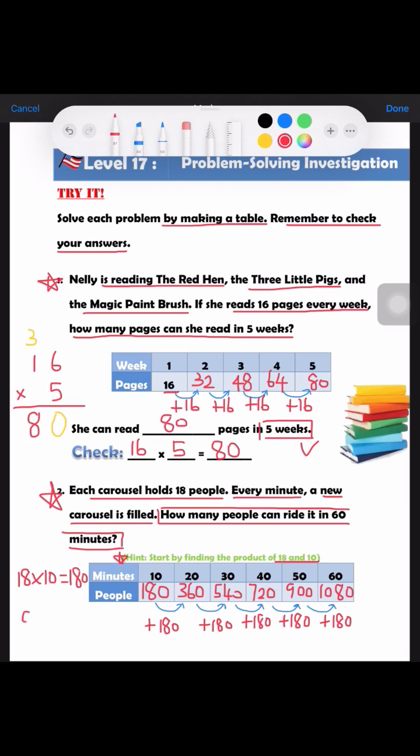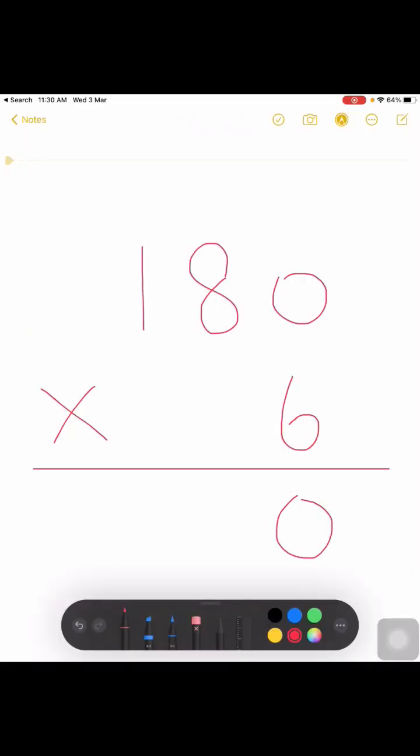So in 60 minutes, it can hold 1080 people. Okay, now let's check the answer. If 10 minutes can hold 180 people, 60 minutes will be 6 times of it. So it will be 180 times 6. 6 times 0 is 0, and 6 times 8 tens will be 48 tens.